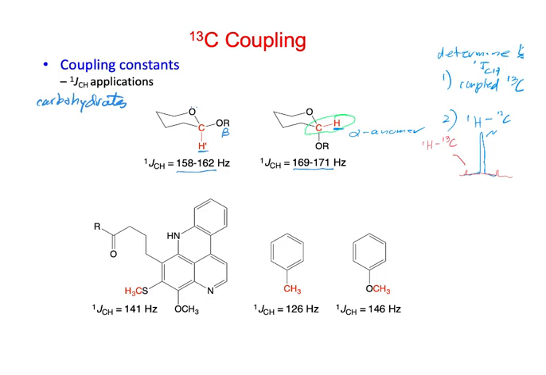The intensity of these small peaks, if you put them together into a singlet, would be 1.1%, so each is about half of that because it's split into a doublet. So these are the C13 satellites.